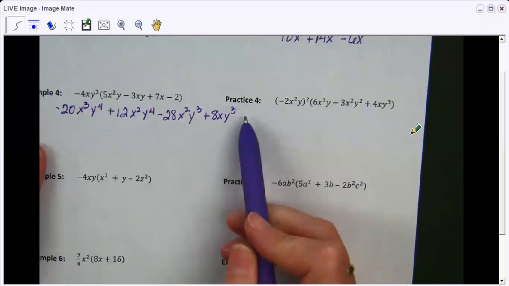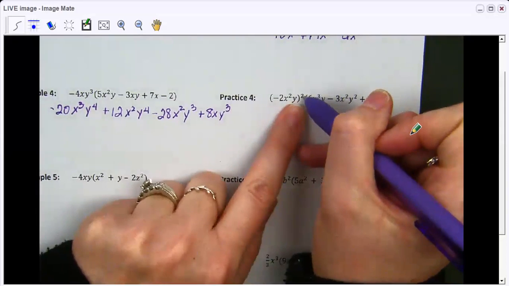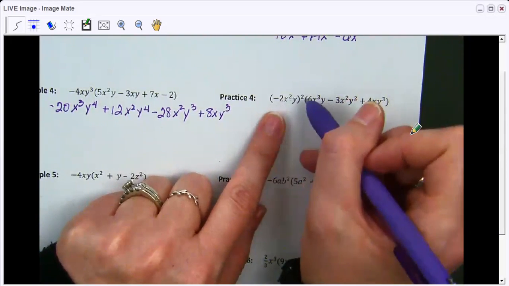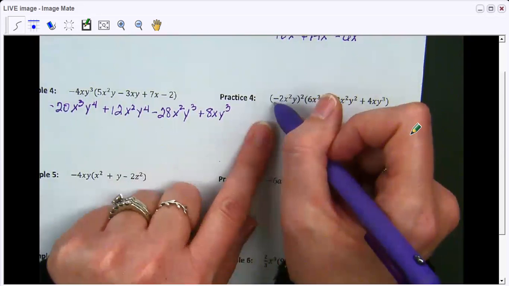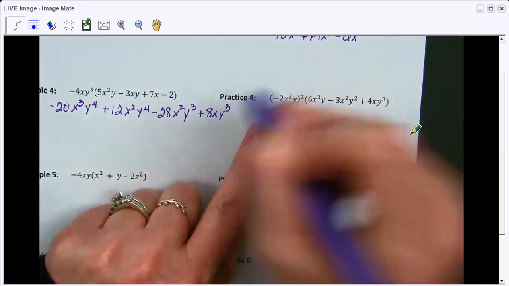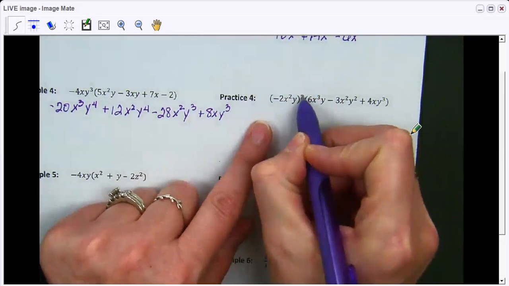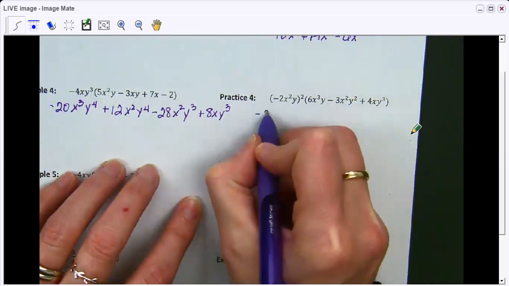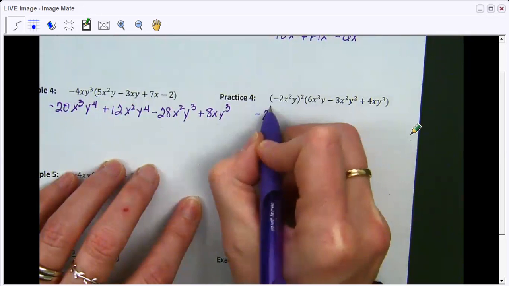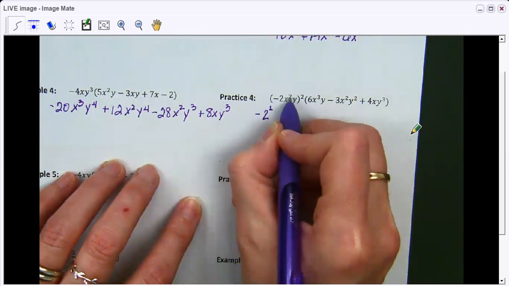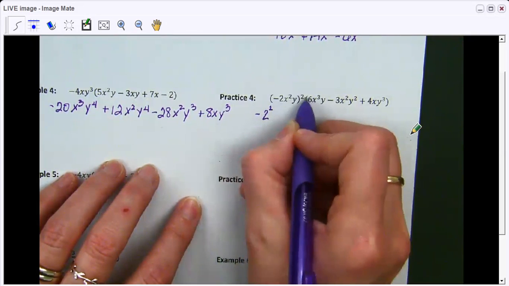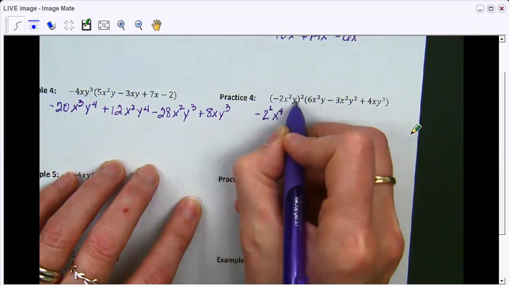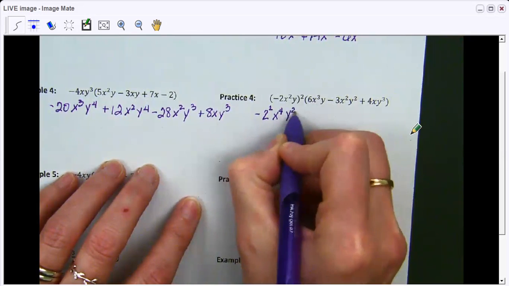Moving on to practice 4. Notice that there is an exponent on the outside of this first set of parentheses. So you actually have to apply that first. Okay, and then distribute. So this right here becomes -2 squared, and then x squared raised to a power of 2 becomes x to the power of 4, and then y squared.